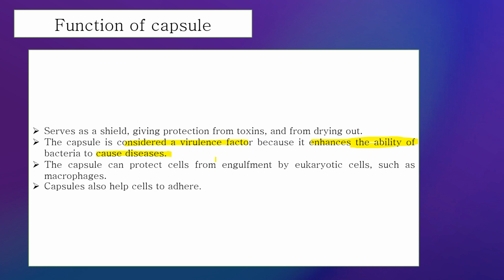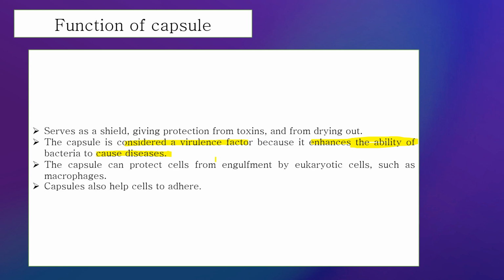The capsule is a slippery structure, so it can slip away. When the macrophage is going to engulf the cell, it slips away from the cell surface. So normally the macrophage can't engulf it, and that is why this is a virulence factor.